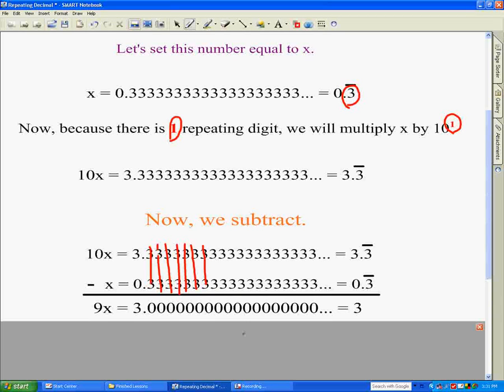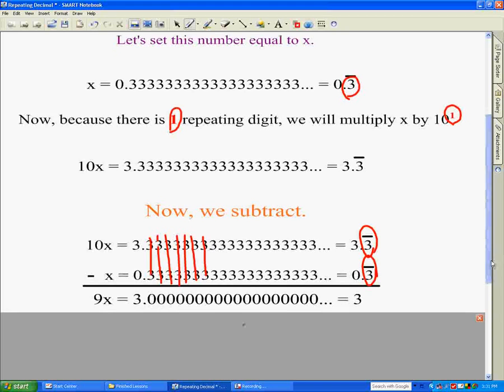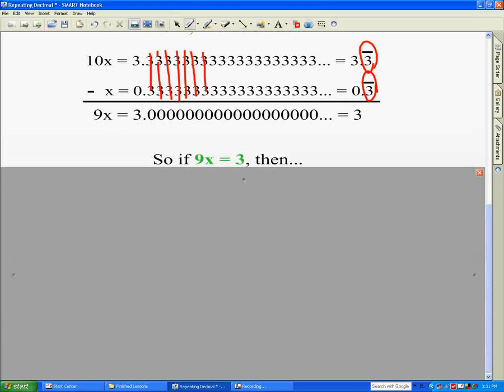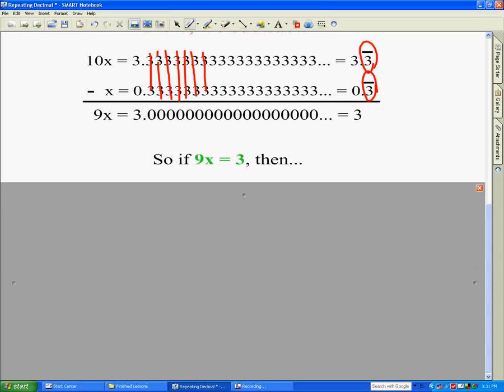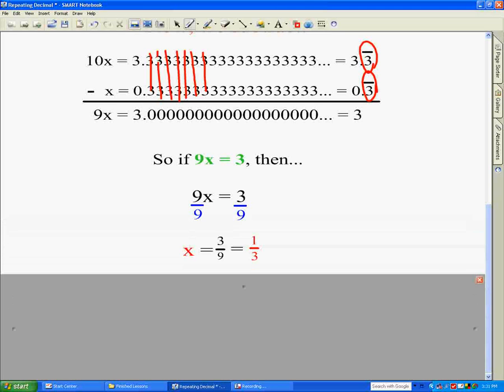And you can even see here, 0.3 repeating minus 0.3 repeating is going to cancel out. You'll just get 3. So 9x equals 3. Well, if 9x equals 3, divide both sides by 9. x equals 3 over 9, or 1 over 3, 1/3.